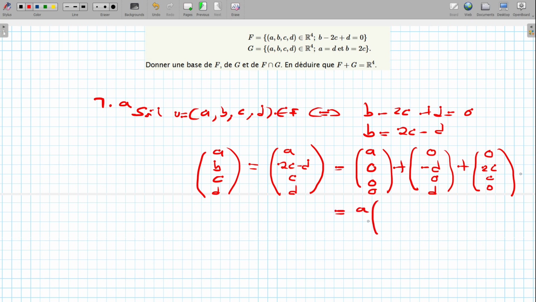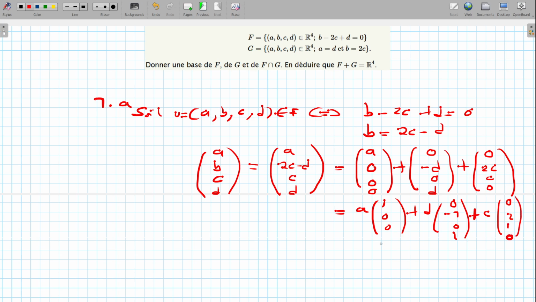Here we can factor out the A. If we factor out the A, we're going to have 1, 0, 0, like so. If we factor out the D for the second one, we're going to have the vector 0, minus 1, 0, 1. Plus, if we factor out the C here, we're going to get 0, 2, then 1, and then 0.